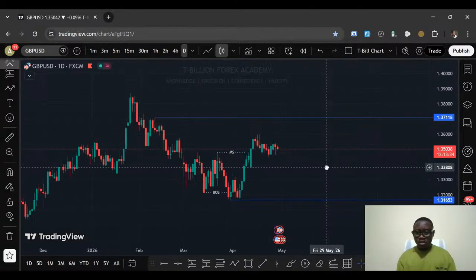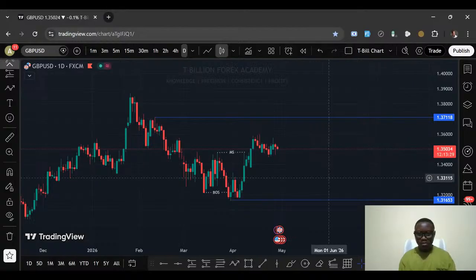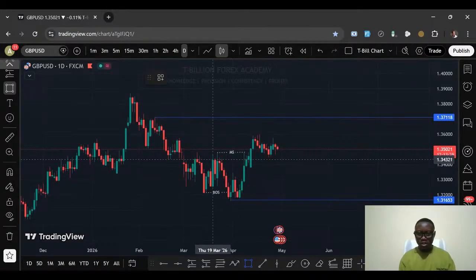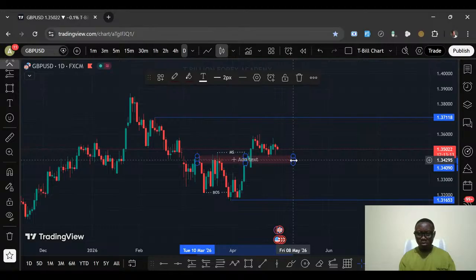Okay, so let's continue. Now we've established this. Let's look at what POI price is currently acting on, which is this. So price is currently reacting at this breaker block POI right here.